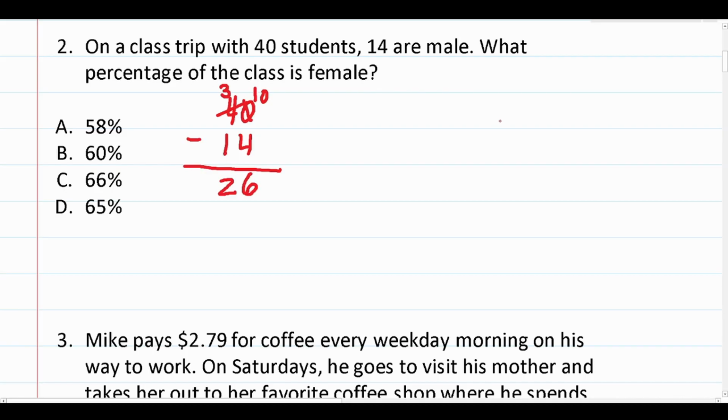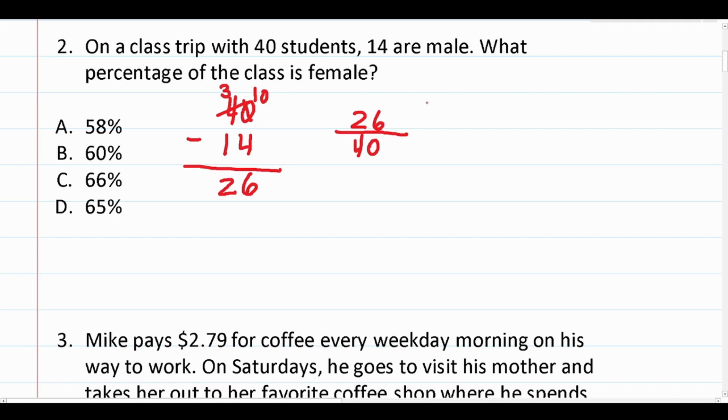Now, in order to determine what percentage of the class is female, again, we're going to use a fraction to represent that, notably 26 over 40. And as you saw already in this video, we can do long division to convert this fraction into a decimal.